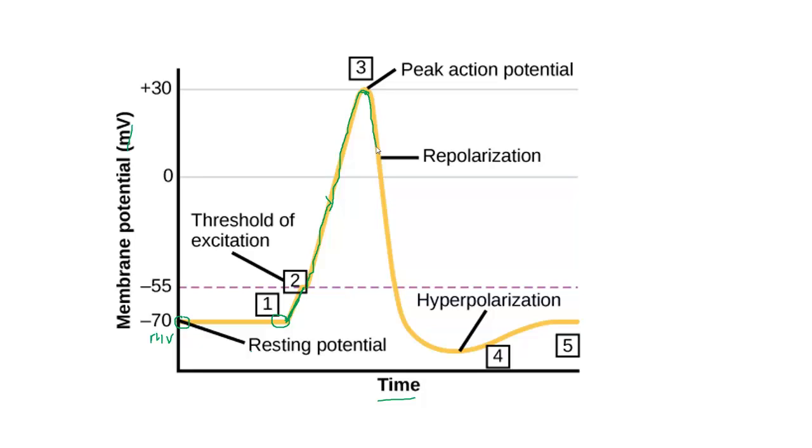It's gone back down to negative 55. It's gone back down to resting membrane potential. There's been so much potassium exited out of your neuron, and the sodium-potassium pump is doing its job, that your resting membrane potential has come back down to negative 70 millivolts.